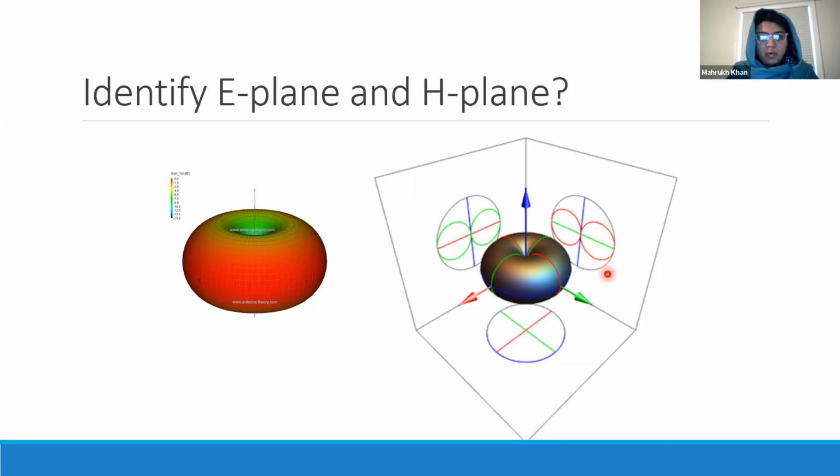So will that be azimuth or elevation? What do you think? Sarah, what do you think it is? It's azimuth. Yes, it is azimuth, right? And of course, this would be the elevation because it's cutting it from the vertical plane, right? We are clear about this?